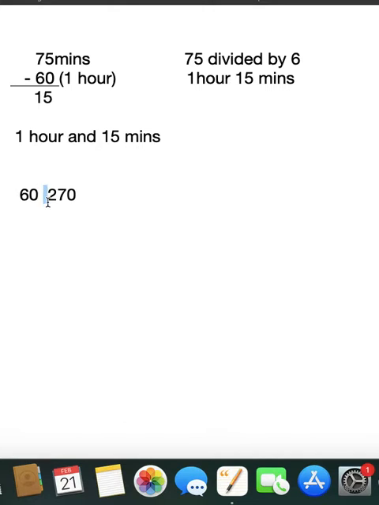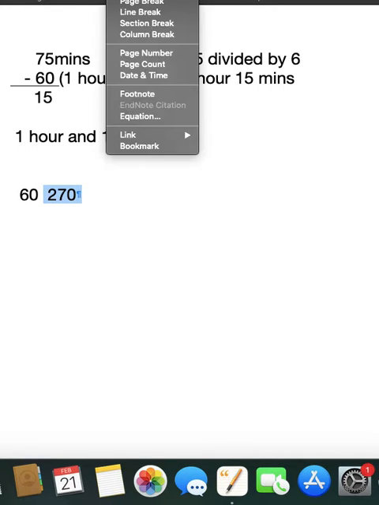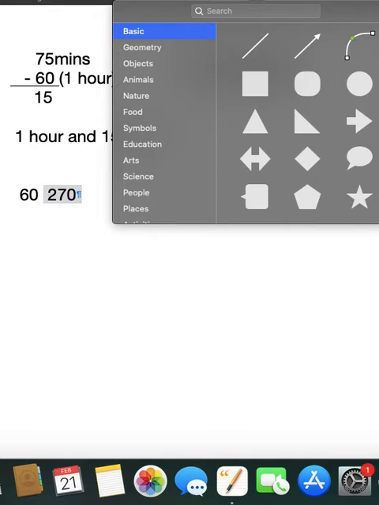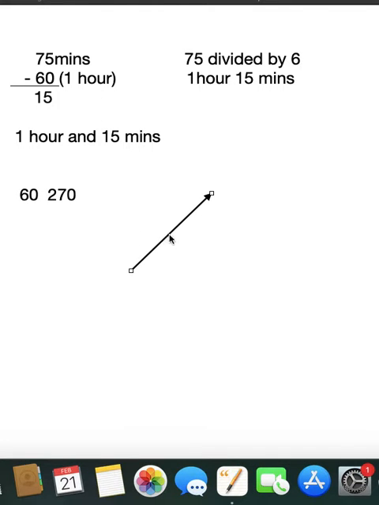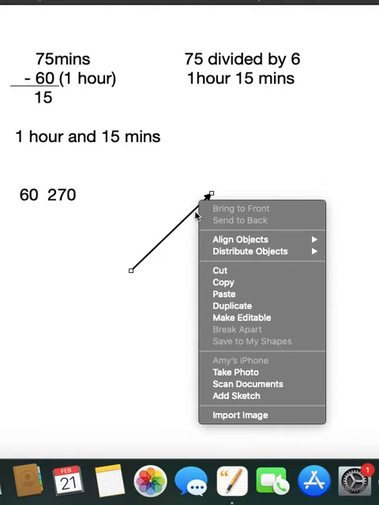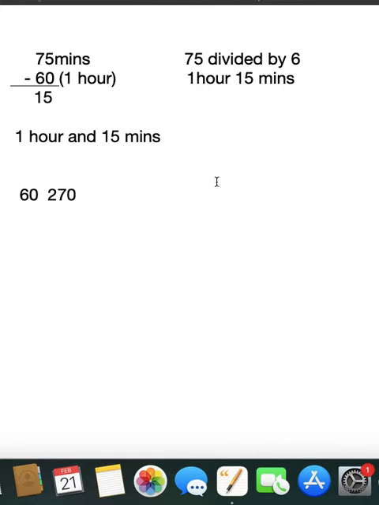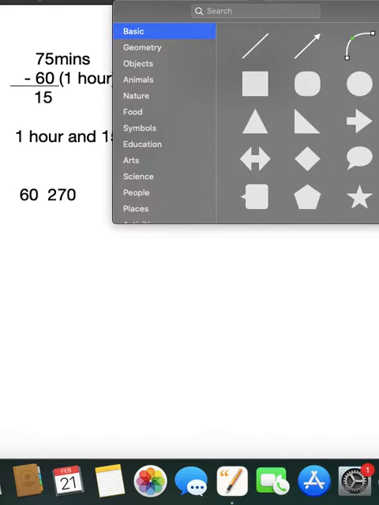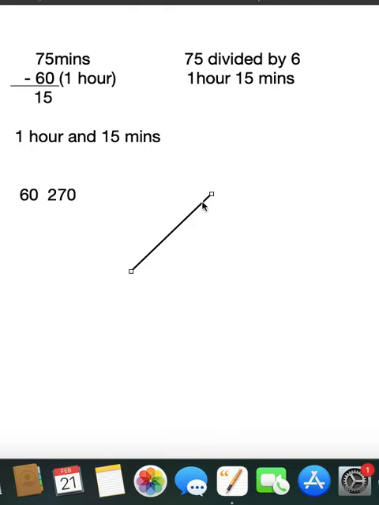I wish I could do like an L shape. Can I? Hold on 1 second. Might be able to, actually I'll delete that. So I'll bring this over here.